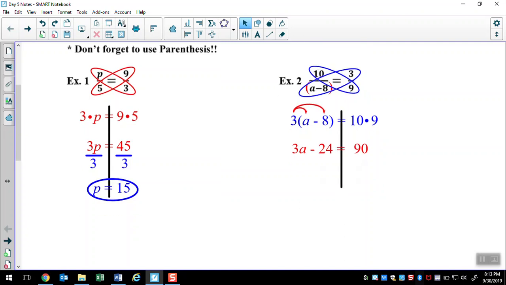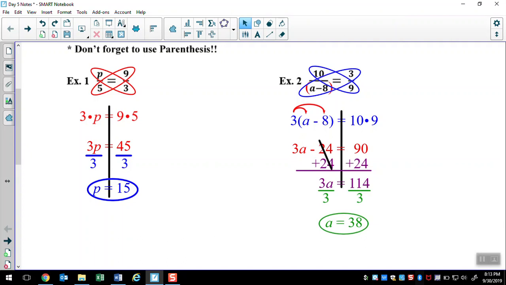So in order to isolate this term, I'm going to add 24 to both sides. When I do that, those cancel out, and we are left with 3a equals 114. Our last step is to divide, so we can divide both sides by 3, and we're left with a equals 38. And then don't forget to circle your answers.